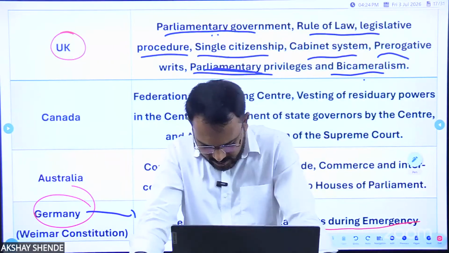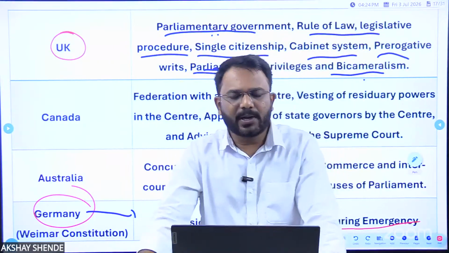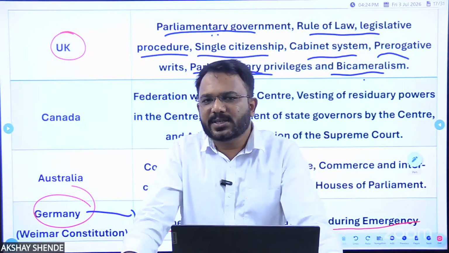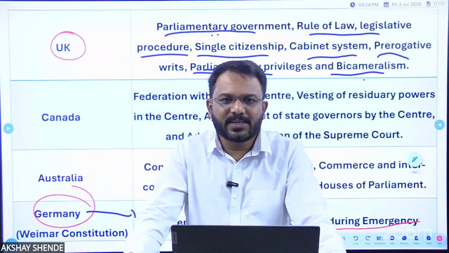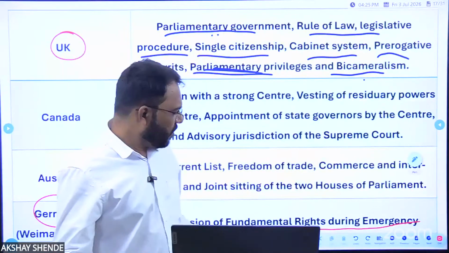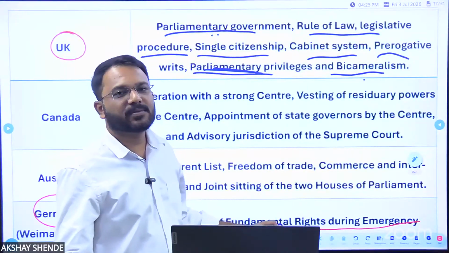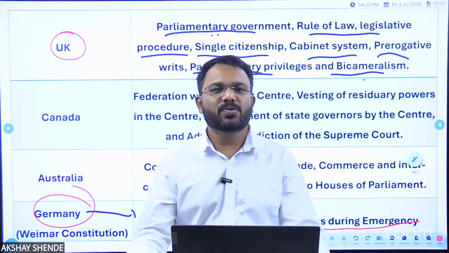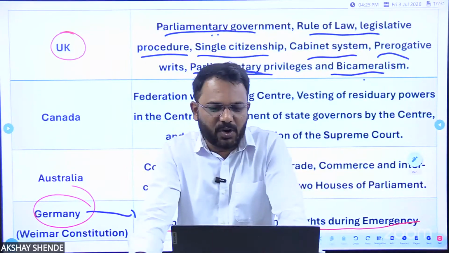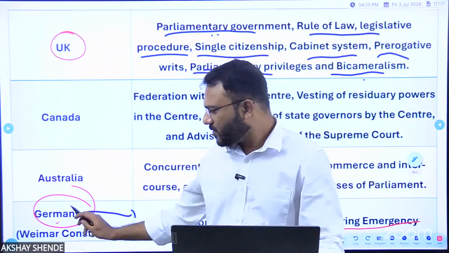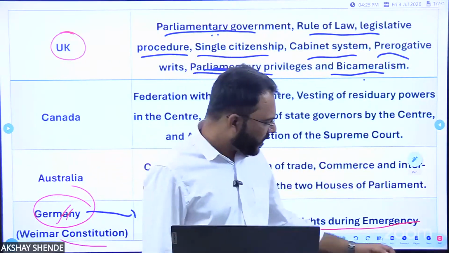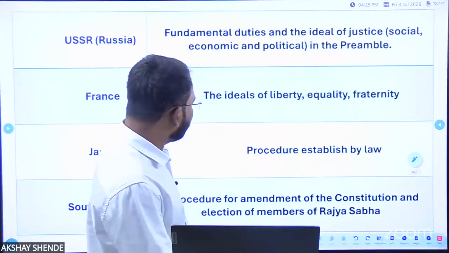And Adolf Hitler is infamously known for atrocities, for injustice. So, if you want to suspend your own rights as a citizen, take inspiration from whom? Adolf Hitler, who was from Germany, the Weimar Constitution. So, in this way, you have to study.